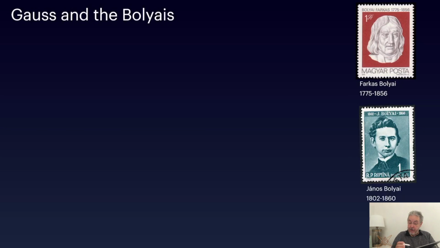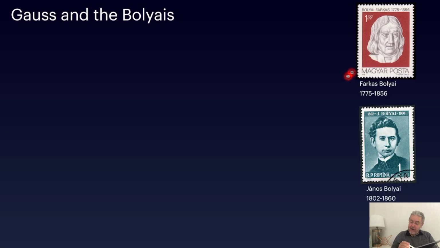Important side remark, if you do important work on hyperbolic geometry, you end up on a stamp, so you can find all the important people discovering non-Euclidean geometry and working on it on some stamps in some countries.